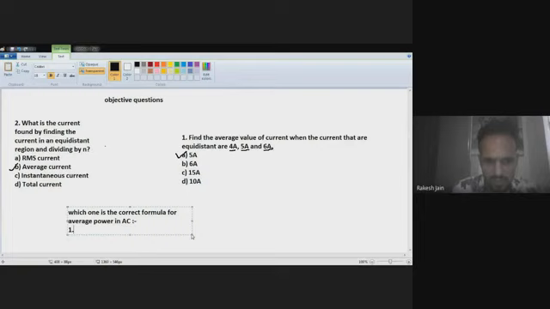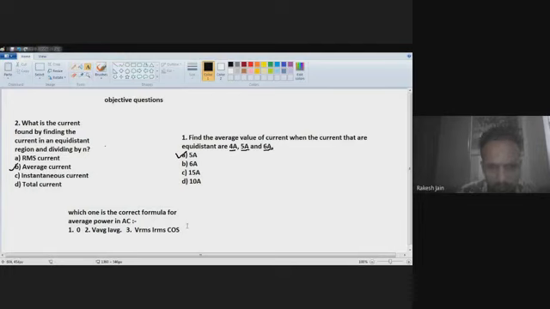The options are 0, second one is P average, third one is P average equals VRMS IRMS cos phi, and the fourth one is, let's suppose, VRMS IRMS.